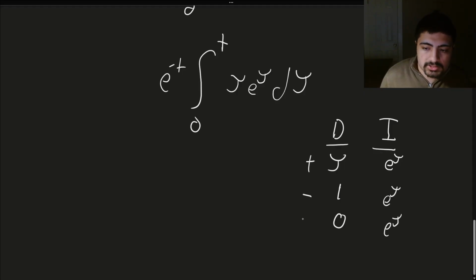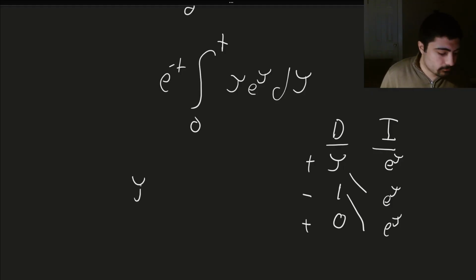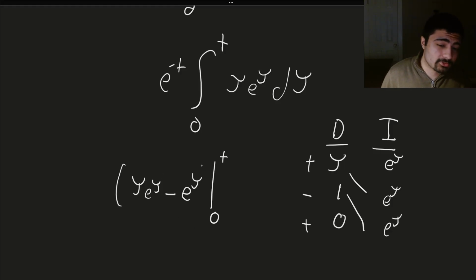And you do this plus, minus, plus, you do these multiplications, and the result of this integral will be tau e to the tau minus e to the tau, which is correct. I actually memorized this integral because it came up a lot, and I think it's useful to know, because sometimes in tests you can just know the integral, and you will be able to save yourself some time.